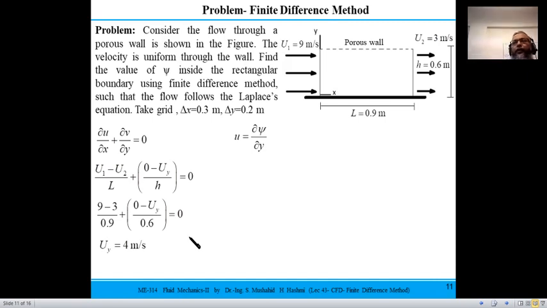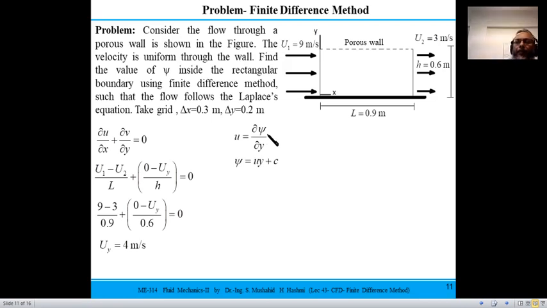I need to work out the stream function. If the stream function is known and you differentiate with respect to y, you get the velocity u, or if you know the velocity components, you can work out the stream function. So in this problem, we need to work out the stream function.